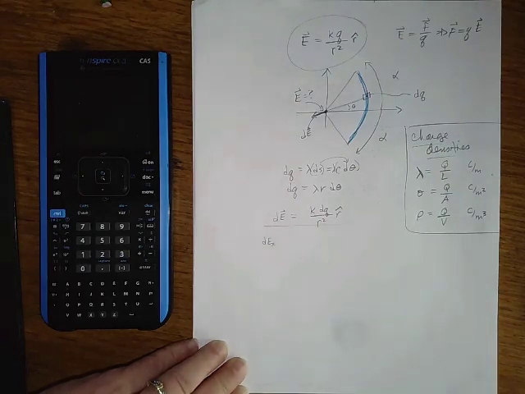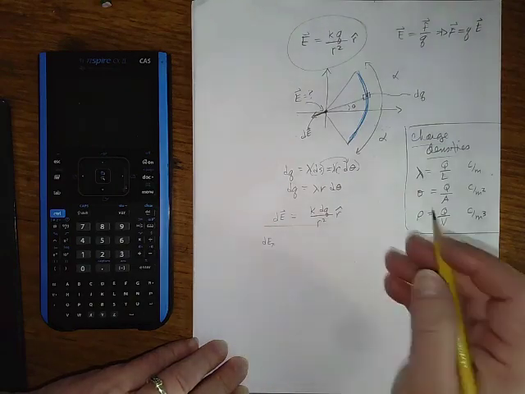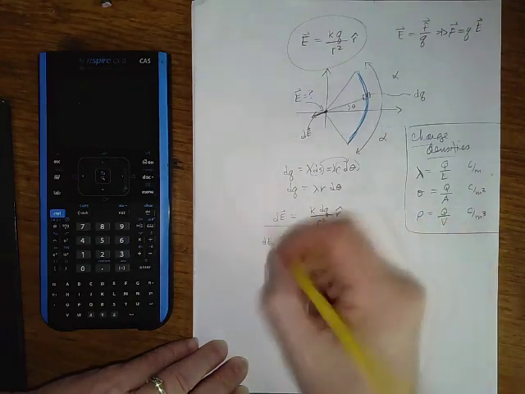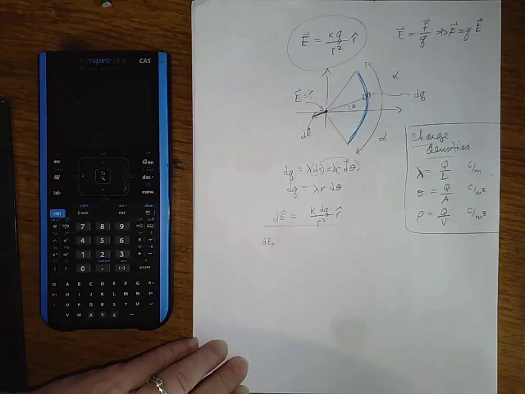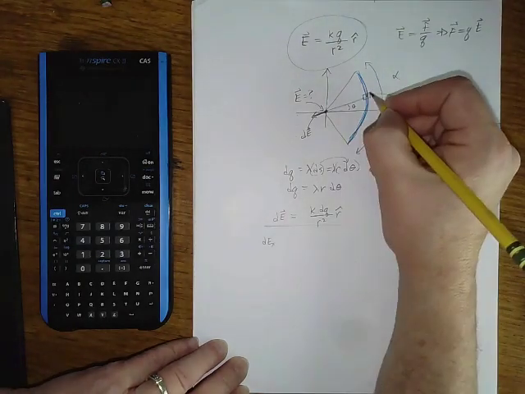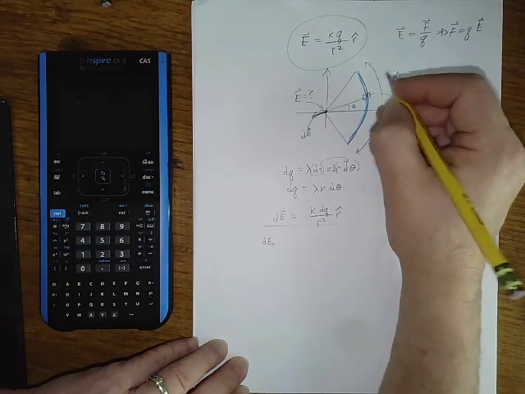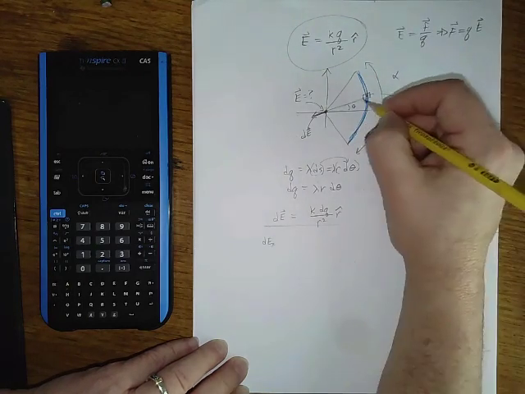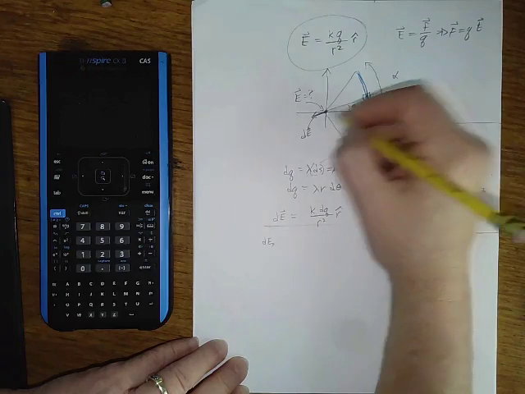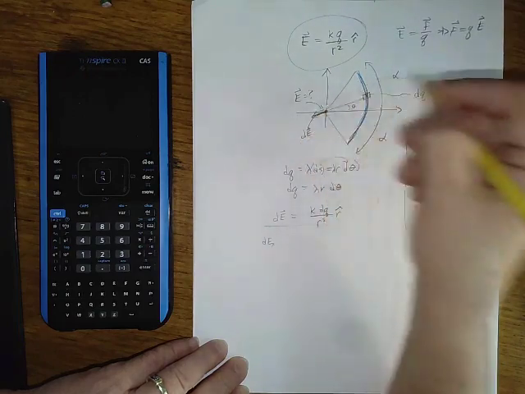Well, let's work on x first, and then eventually when we want the whole thing, we're going to have to integrate over our line. And so what would be the x component of this field here? Let's see.